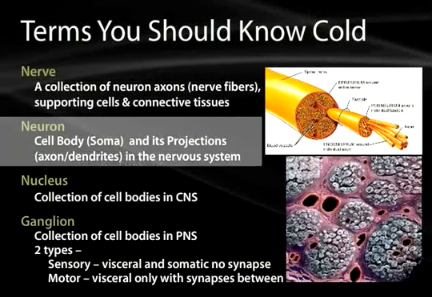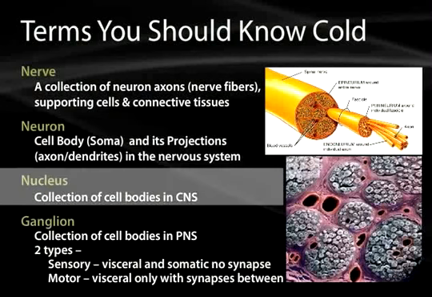As you go on, you should know that a neuron is a cell body and its projections. And the projections may be into the central nervous system or the peripheral nervous system. By definition, you should know that the nucleus is a collection of cell bodies in the central nervous system. So when you see the term nucleus, you know you're dealing automatically and by definition with a central nervous system issue.